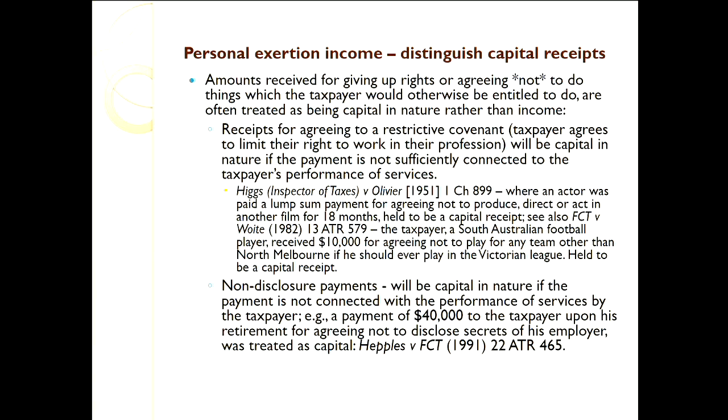Right, now we are going to distinguish personal exertion income from capital receipts.